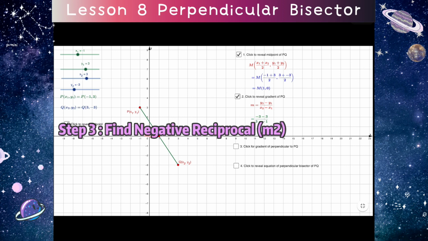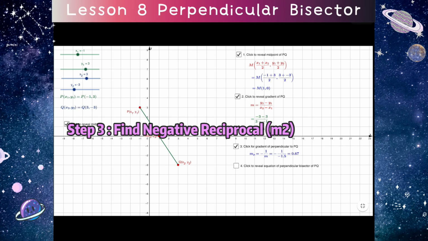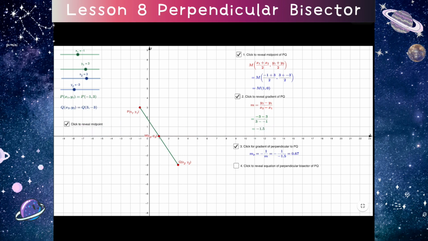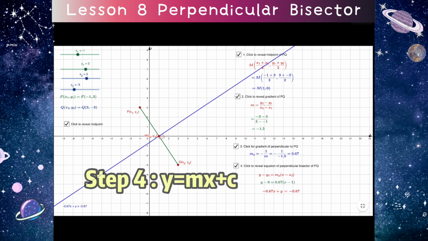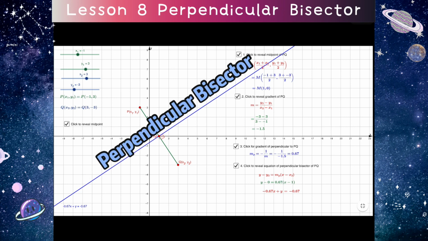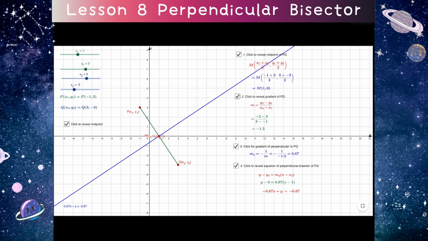After we find the gradient, we take the negative reciprocal of the gradient of PQ. And then only we find y equals mx plus c. So this blue line here is the perpendicular bisector. Remember, this perpendicular bisector passes through the midpoint.